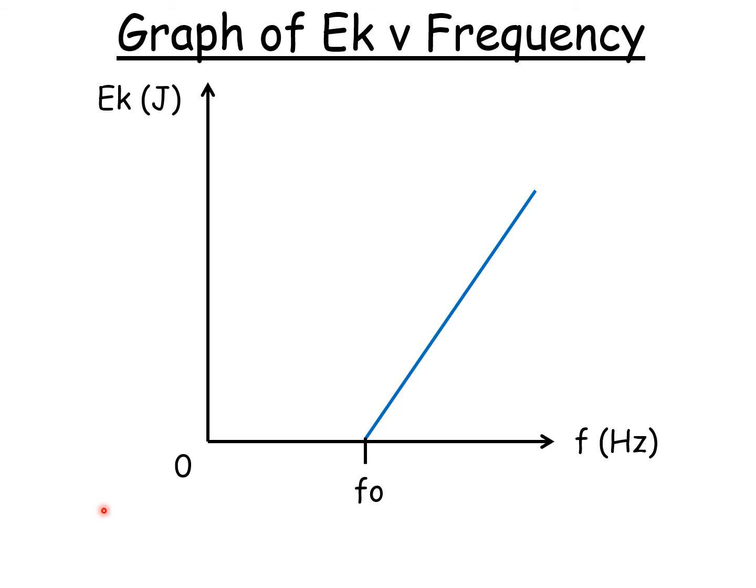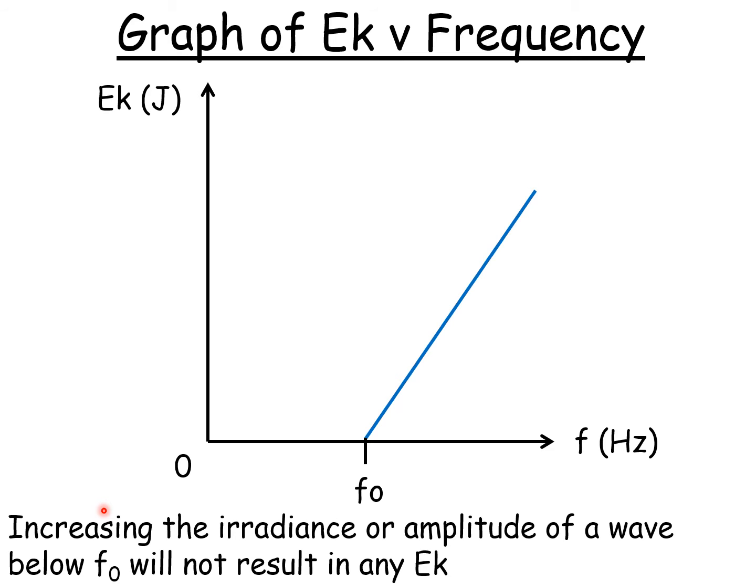So make sure you can marry this graph up with the photoelectric experiment. So increasing the radiance or amplitude of a wave below f naught will not result in any kinetic energy. So remember, it doesn't matter how bright the light we make or what type of light we use, if it's not the right frequency, we will get no effect. And so that's why for frequencies below the threshold frequency, there's nothing on that part of the graph.